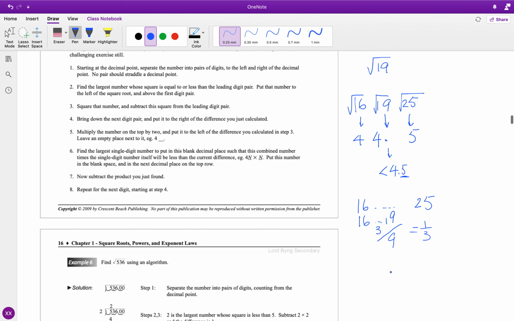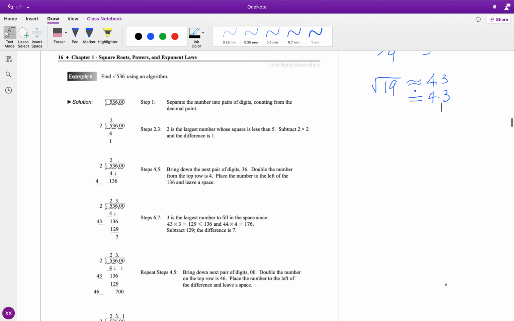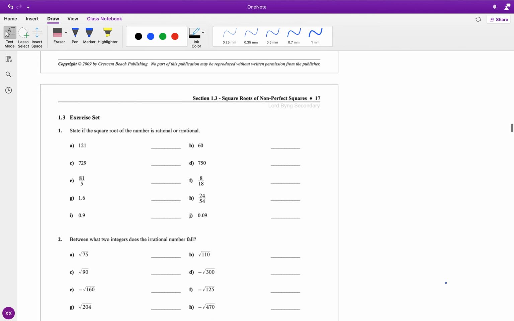So the root of 19 should be approximately 4.3. This kind of estimation I find simple, and it just makes sense. As long as we can estimate to this level of accuracy, we should be perfectly fine.